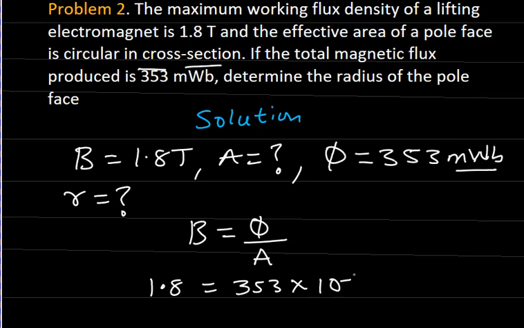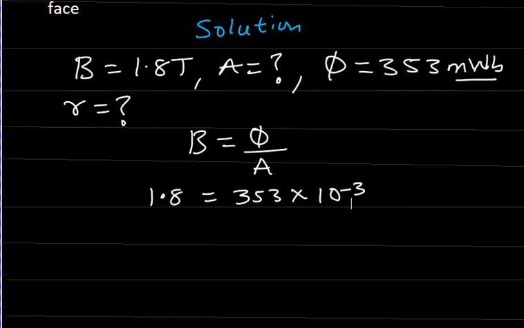Milli is times 10 raised to the power minus 3, then divided by the area, which is what I'm looking for. If I divide 353 by 1000, I will have 0.353. So area is going to be equal to 0.353.